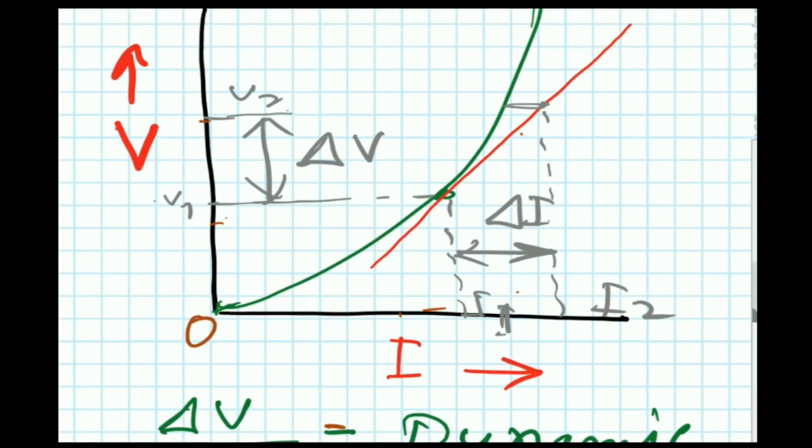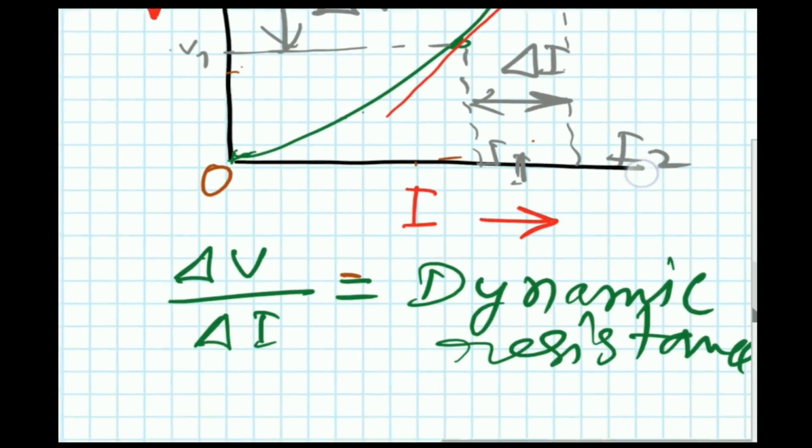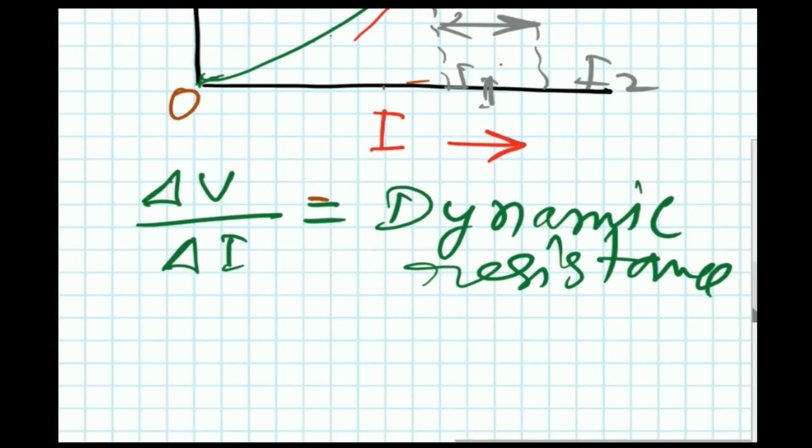I told you in Ohm's law that the relationship of voltage and current is a straight line, and it remains constant at a particular temperature, and that constant is called resistance. But here the value of the resistance is not fixed, not constant, it is changing. That's why we are calling it dynamic resistance.